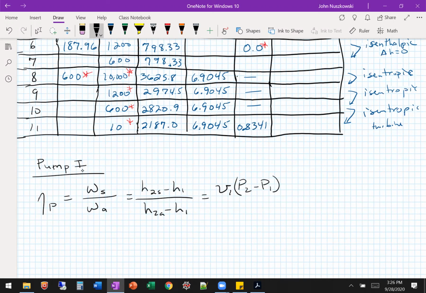Specific volume, change in pressure for isentropic, because we can use that reversible steady flow.